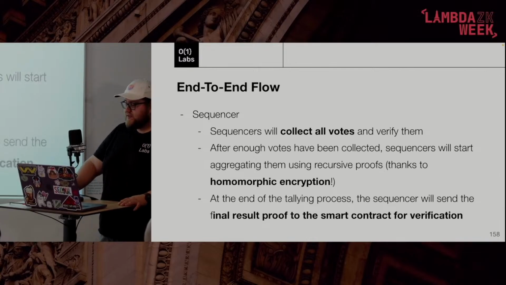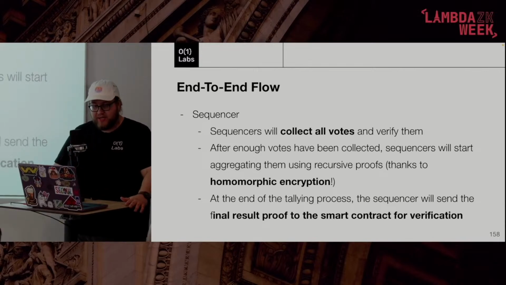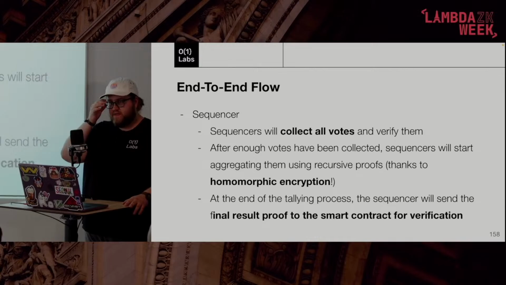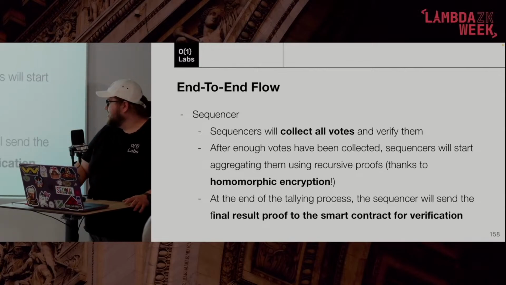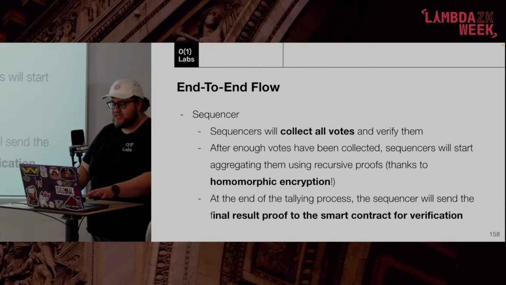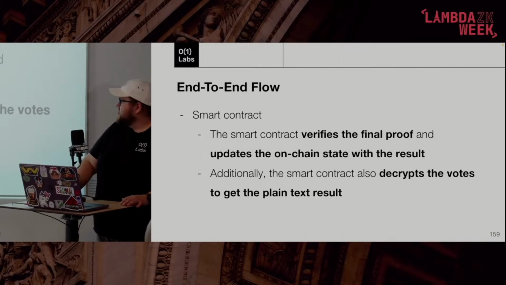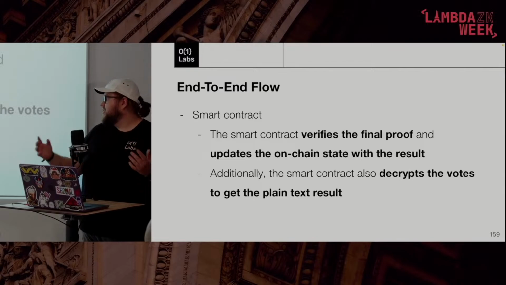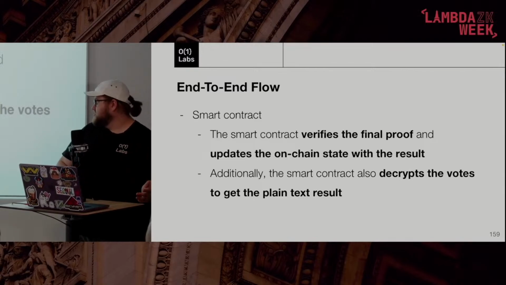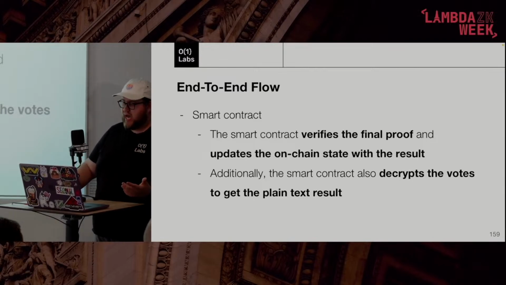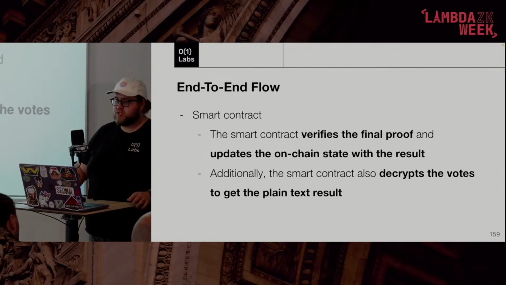At the end of the tallying process, the final result and the final proof of the result, which is essentially just the recursive proof of all previous proofs, will be sent to the smart contract for verification by the sequencer. That allows you to combine hundreds, thousands, tens of thousands of proofs into only one proof that you verify only once, instead of doing it 100,000 times individually.